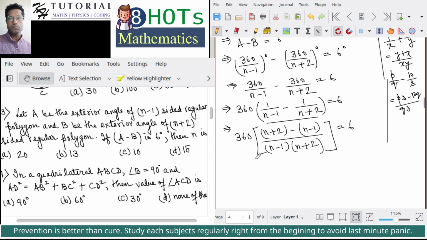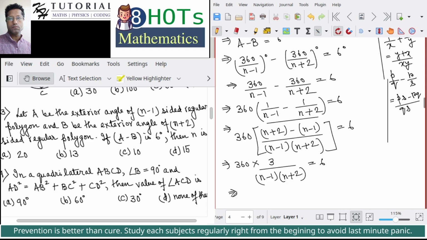So if we simplify the left hand side, the numerator is n plus 2 minus n minus 1, which will be 3, and in the denominator we have n minus 1 multiplied by n plus 2 is equal to 6.